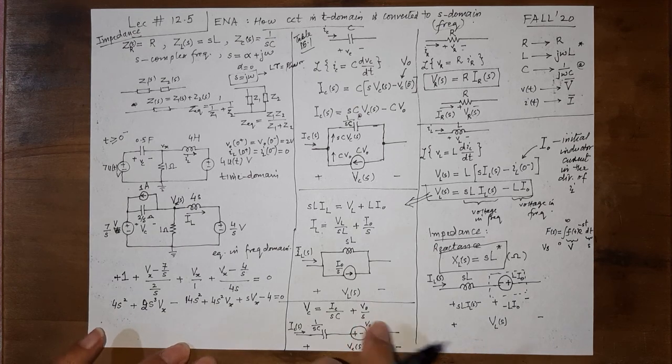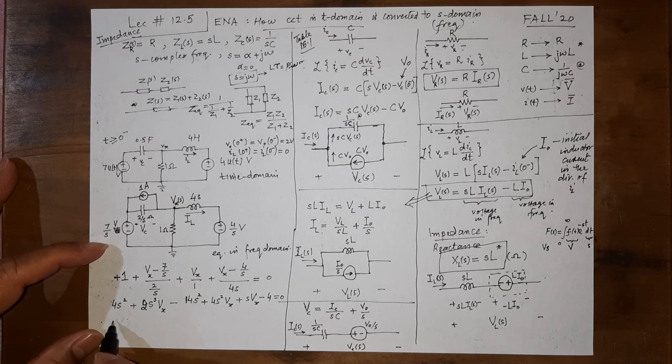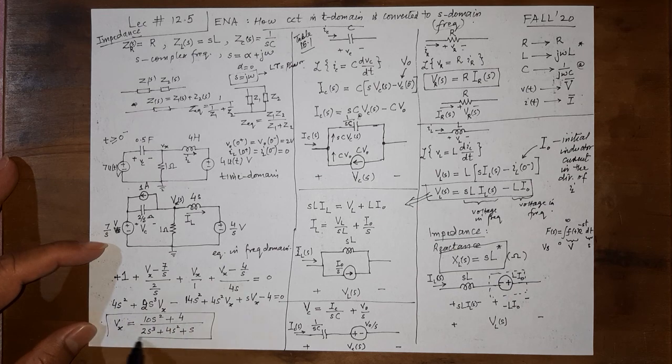And you can see, if we compare with whatever I have done in the previous video clip, this is that same equation. So for example, Vx would be equal to 4S square minus 14S square is minus 10S square, goes to the other side and we get 10S square. That goes to the other side, we get plus 4 over, and that same thing, 2S cube plus 4S square plus S, and the rest of the procedure is the same.